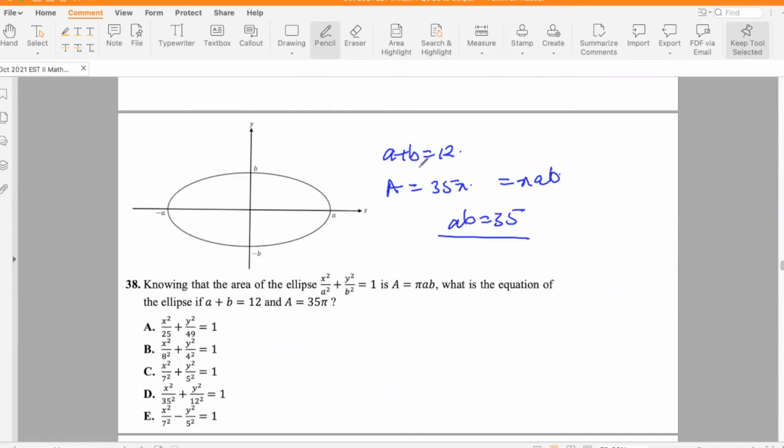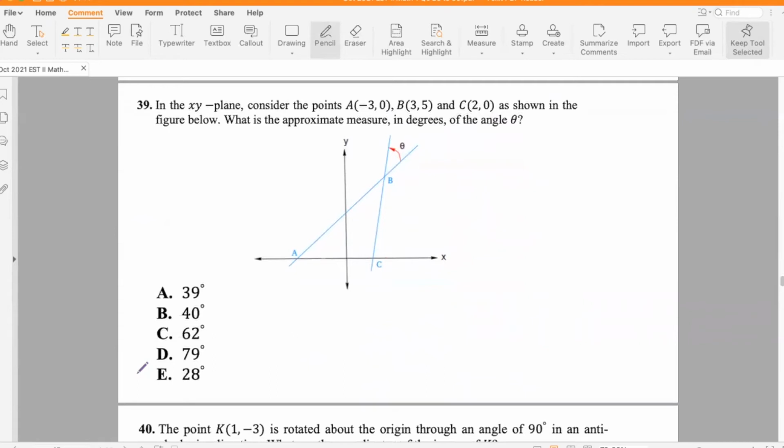So 5 and 7, because 5 plus 7 is 12 and 5 into 7 is 35. So A is the major axis. So A would be 7 and B would be 5. So x squared by 7 squared plus y squared by 5 squared should be 1. So that would be option C.